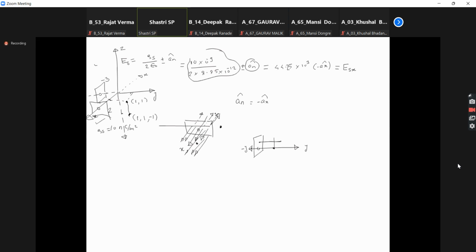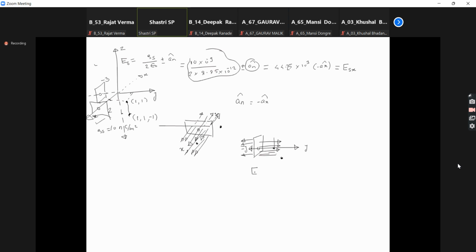So one group of field will be moving towards the positive y-axis, and the other group of field will be moving along the negative y-axis. So the orientation of the field will be either plus ay or minus ay, but for that you have to check the location where you are interested to find out the field intensity. So the location is here. Here you can see that the field is in the positive y direction.